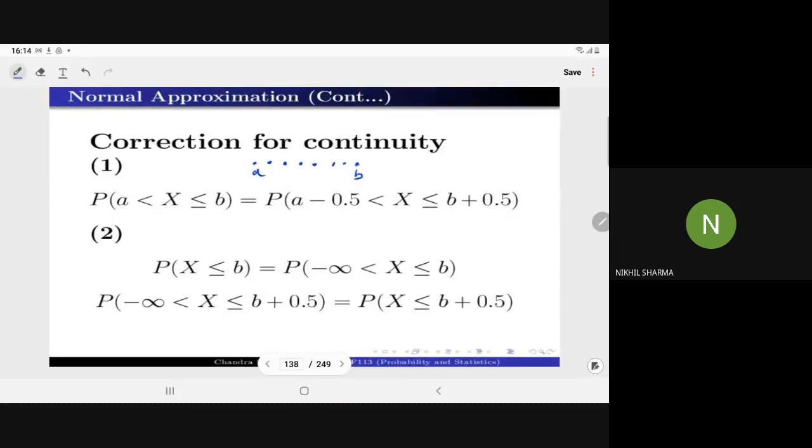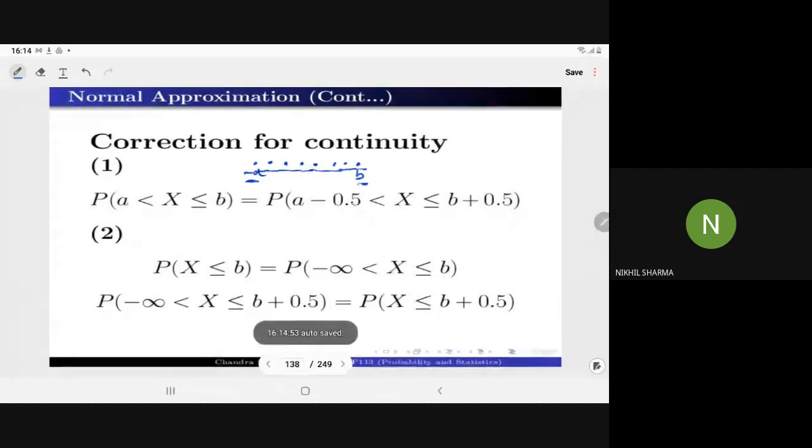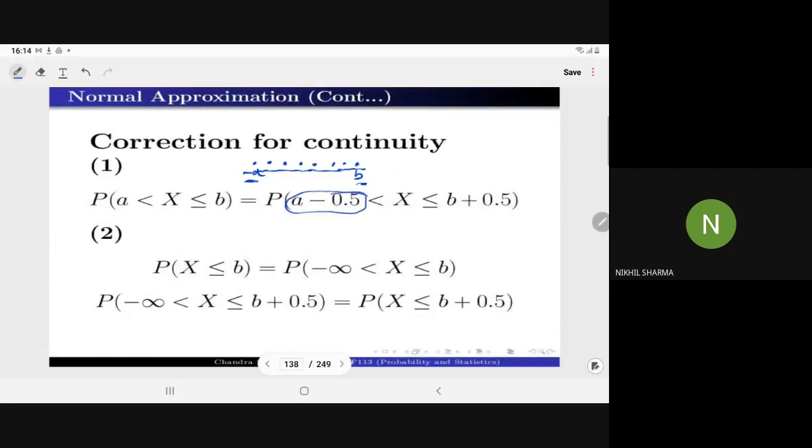So when we make the continuity, we have to add 0.5 and subtract 0.5, so that you can make the continuous line. On the left side we are subtracting the 0.5, on the right side we are adding the 0.5. Now it becomes continuous.